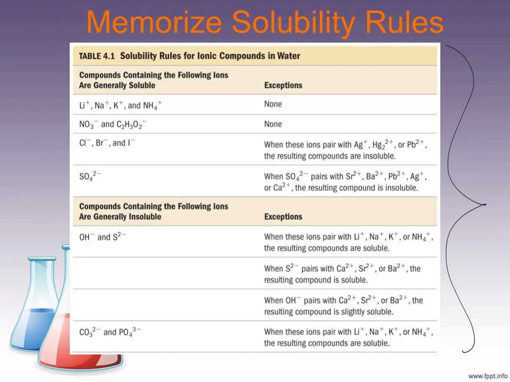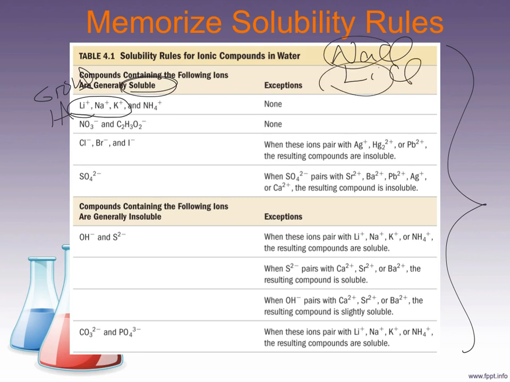Just real briefly, even though I know I went over this in class. If an ionic compound contains any of the group 1A metals, that's lithium, sodium, potassium, it is automatically soluble. So sodium chloride, lithium chloride, anything that has a group 1 metal in it is soluble.